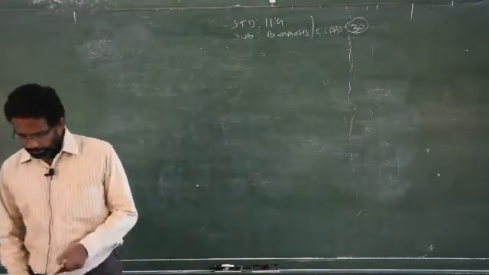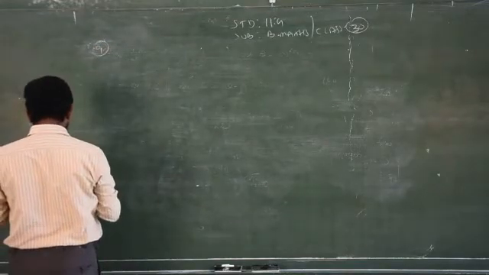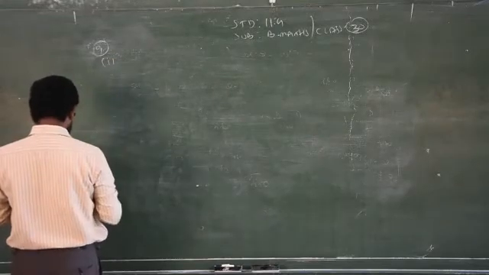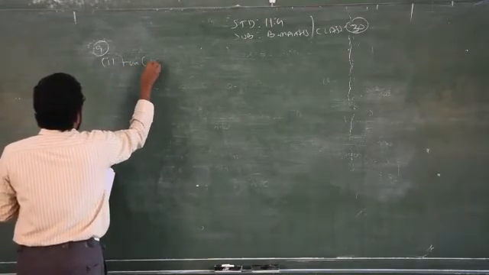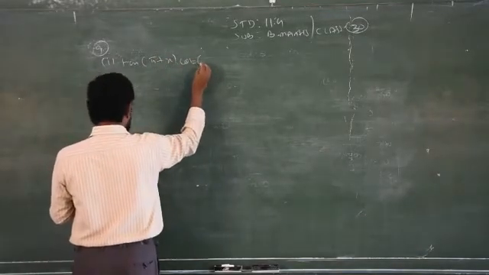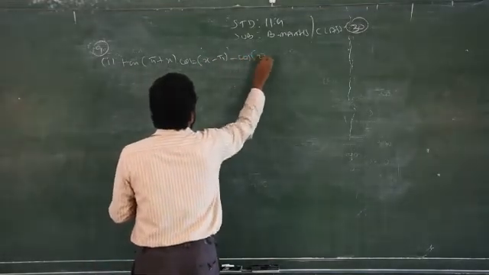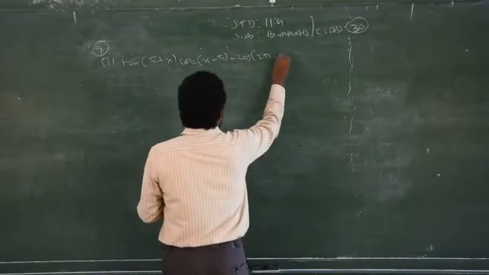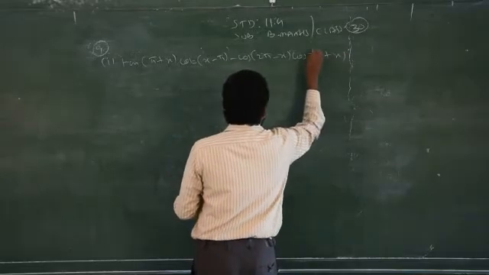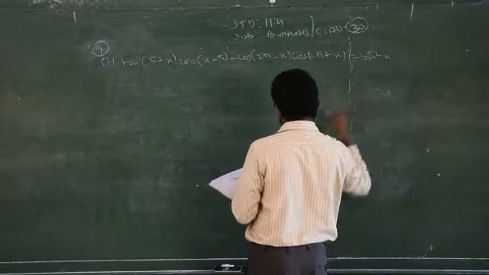Now sum number 9. In sum number 9 there will be two subdivisions. You go for the first one: tan(pi plus x) cot(x minus pi) minus cos(2 pi minus x) cos(2 pi plus x) is equal to sin square x.